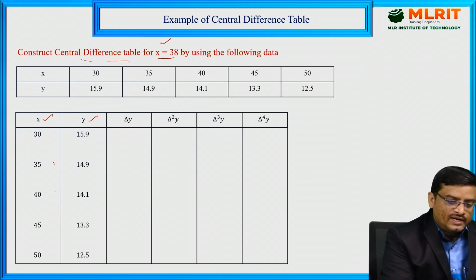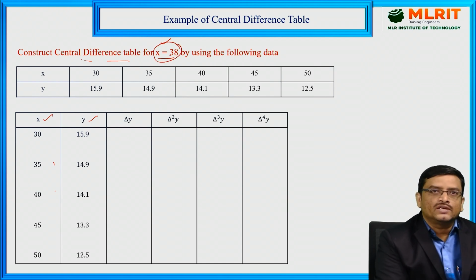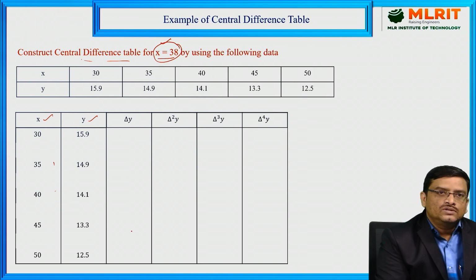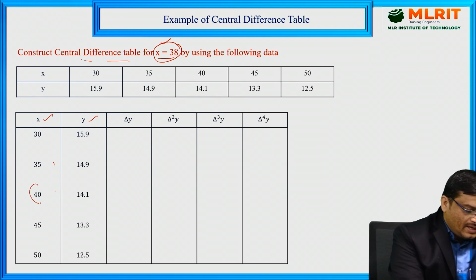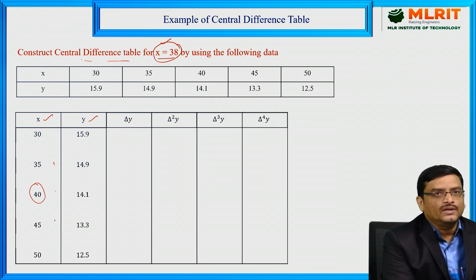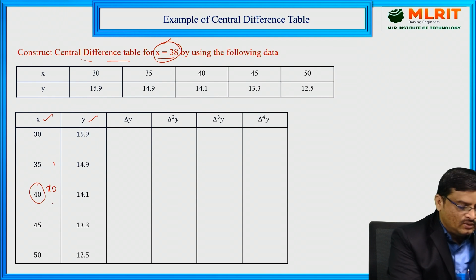In order to identify that x0 value, we have to concentrate on x is equal to 38, and identify the nearest value for 38 in the table of x values. Here the nearest value for 38 is 40. So this 40 we represent with x0.